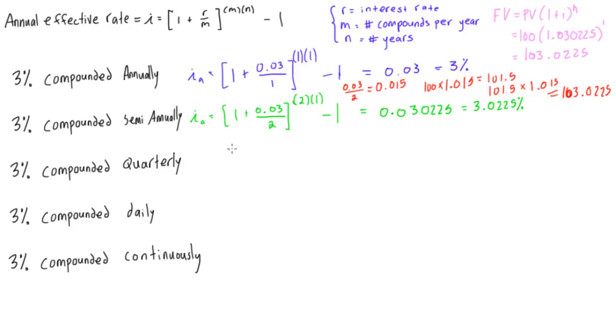So we want to do 3% compounded quarterly. So what we do is we just have IA is going to equal 1 plus 0.03 over 4, because quarterly means we're doing it 4 times per year. Okay, so we'll have to the power of 4 times 1 minus 1, and we're going to get our annual effective rate when we compound 3% quarterly to be 0.030339.